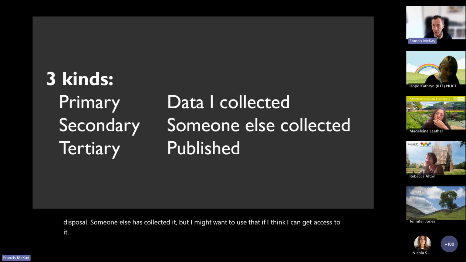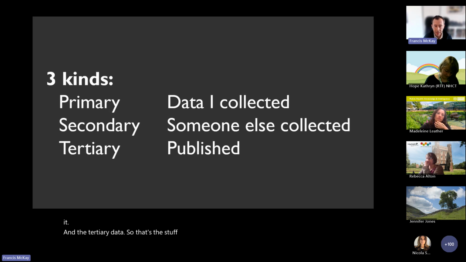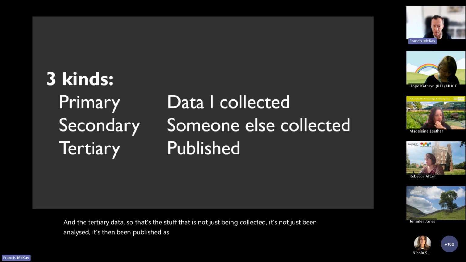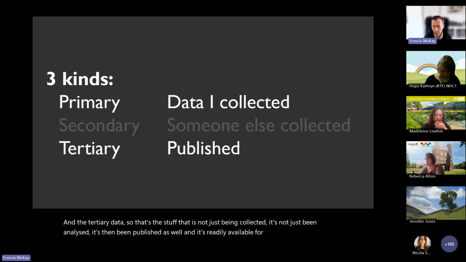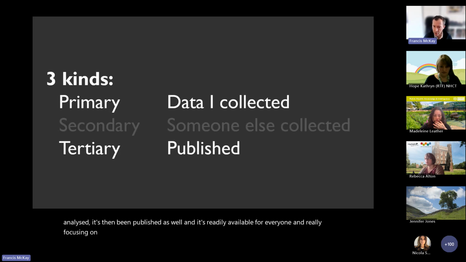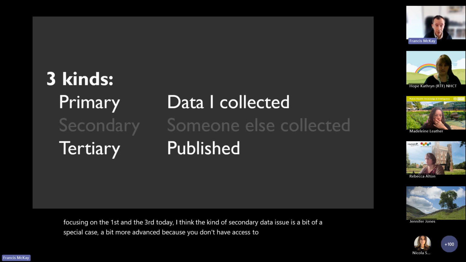And there's tertiary data, the stuff that's not just been collected and analysed, but then been published as well, and it's readily available for everyone. We're really focusing on the first and the third today. I think the secondary data issue is a bit of a special case, a bit more advanced because you don't have access to it primarily. So I'm just going to focus on the primary and tertiary data today.